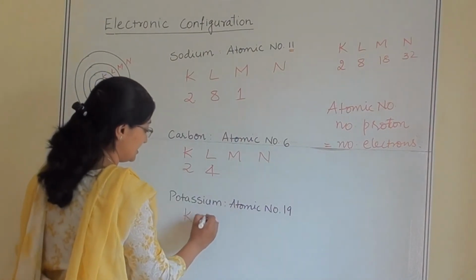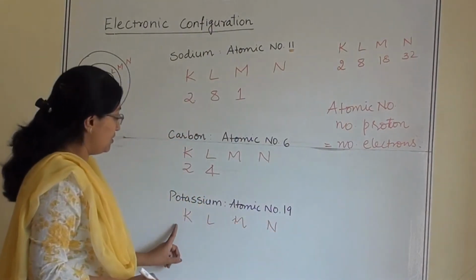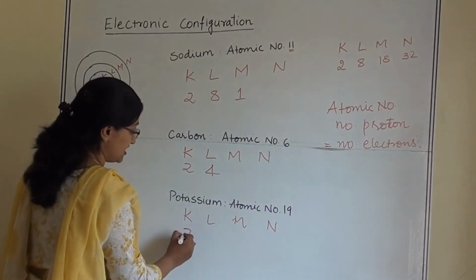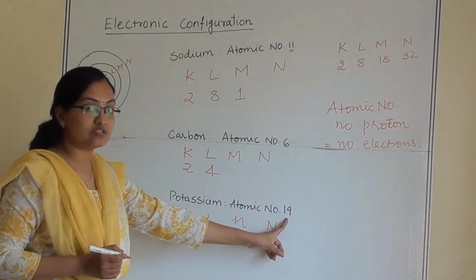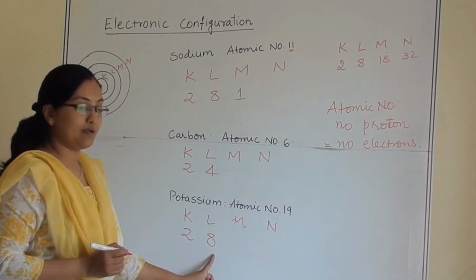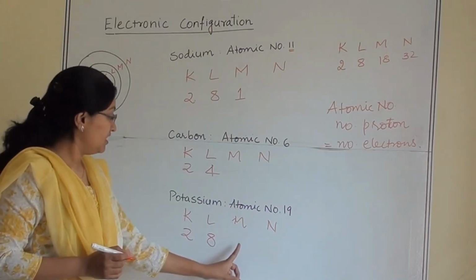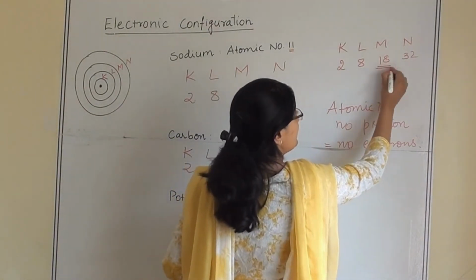Now let us take an example of potassium. We will write K, L, M and N. First we are going to write 2 here. The atomic number is 19, so how many electrons are left? 17. According to the capacity, I am writing 8 here. Now what is M's capacity? It is 18.